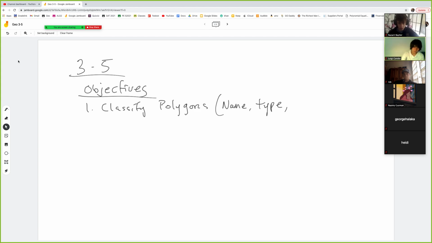So basically, type breaks down to 2 pieces. Type is like concave versus convex, which we're about to do. Okay, and then also like the number of sides.